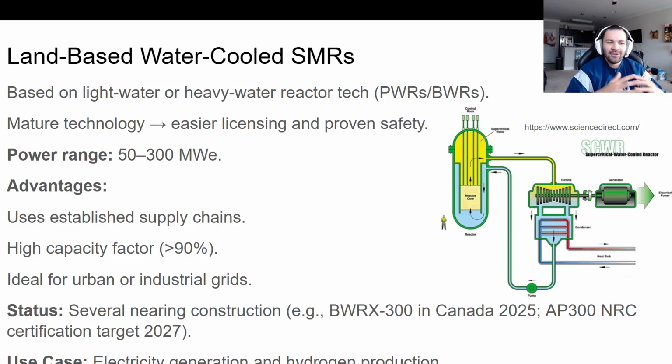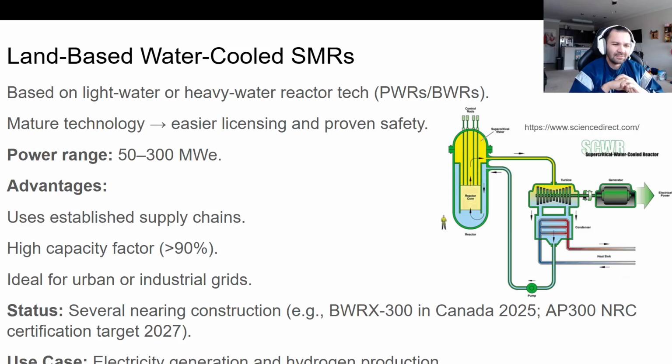Versus all the other types of modular reactors we're going to go over, which are theoretically safer, but we don't have a lot of data, because theoretically and in practice are two completely different scenarios, right? The power range for these types is around 50 to 300 MWe, right?